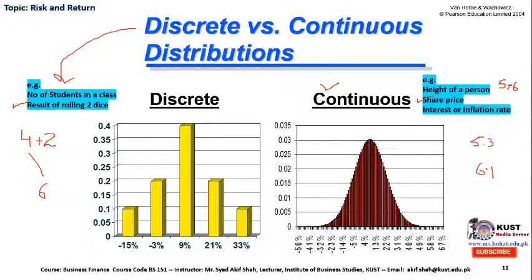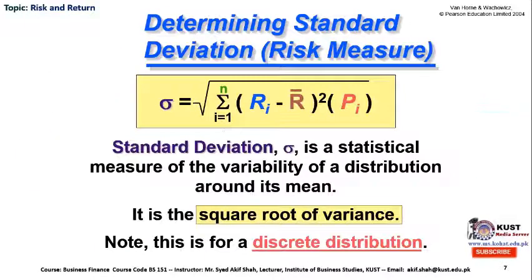Similarly, the share price of a company's stock is also continuous data, and the interest or inflation rate is also continuous data. Since the price of a stock can be $10, let's suppose, and it could be $10.3 as well, such kind of data is known as continuous. And as we are discussing how to calculate the standard deviation in the context of discrete data only, the formula for calculating the standard deviation for discrete data is this one.